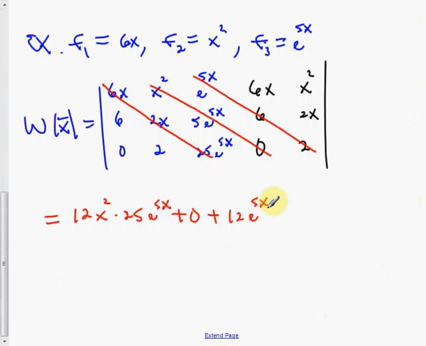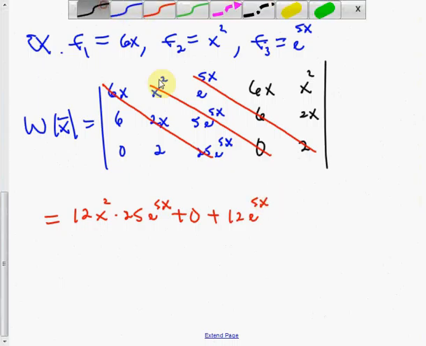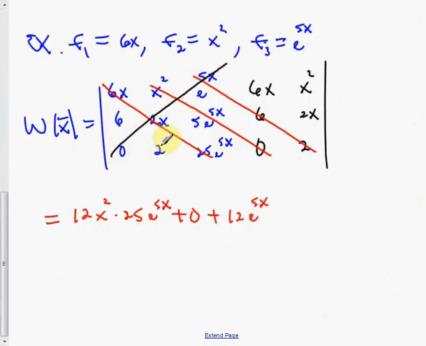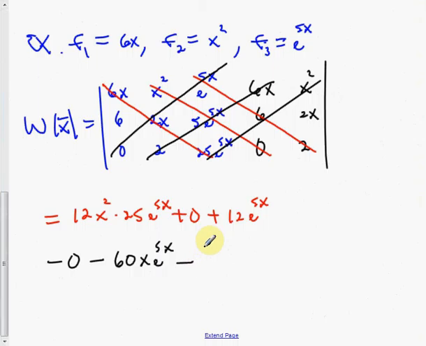And then when you go in the opposite direction, you put a minus in front. So this is now minus 0, then minus here 60x times e to the 5x, and then minus that 6x squared times the 25 e to the 5x. And then you simplify that.